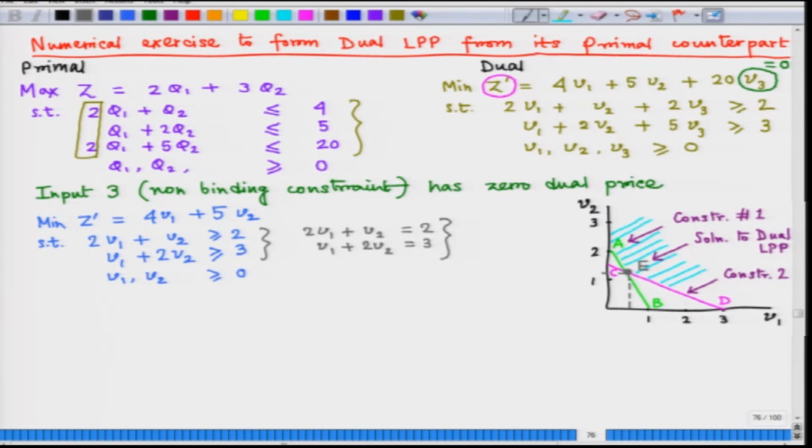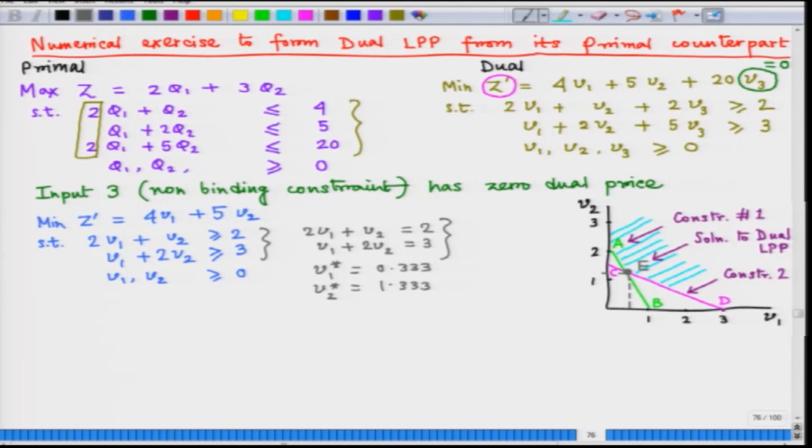So, if we solve, then we get the values V1 star equal to 0.333 approximately, and V2 star has a value 1.333 approximately.